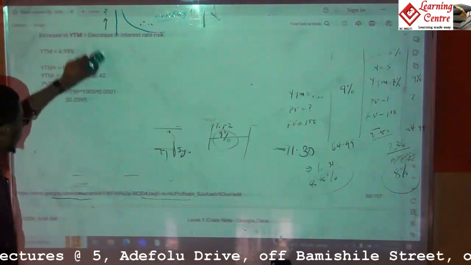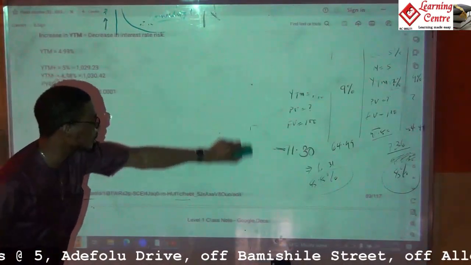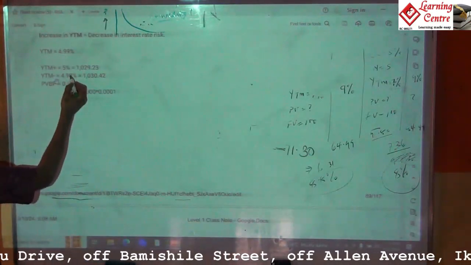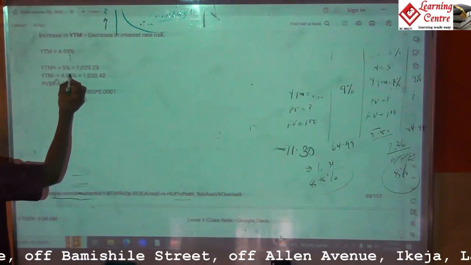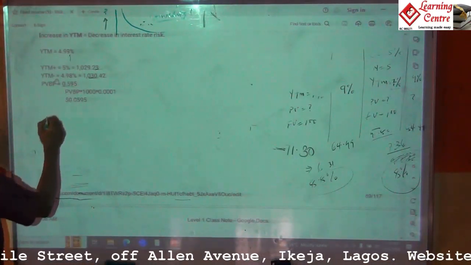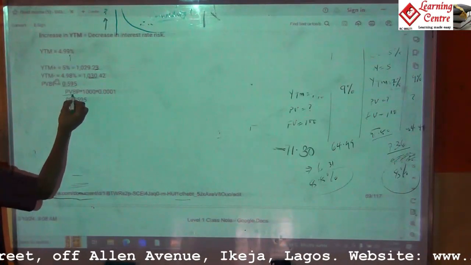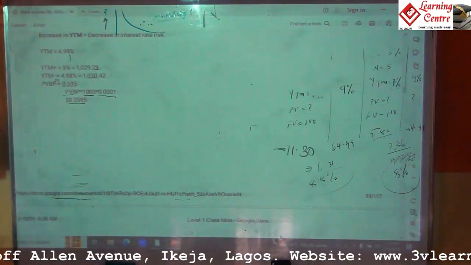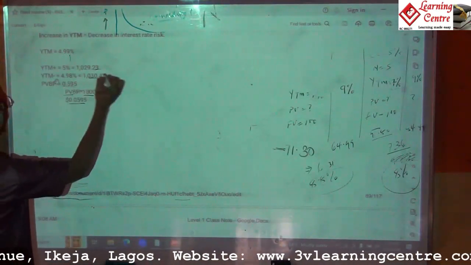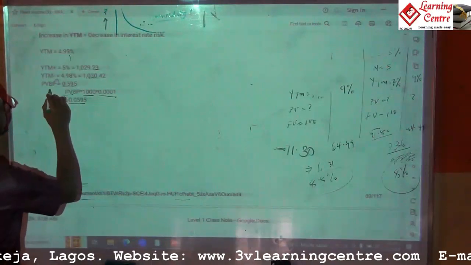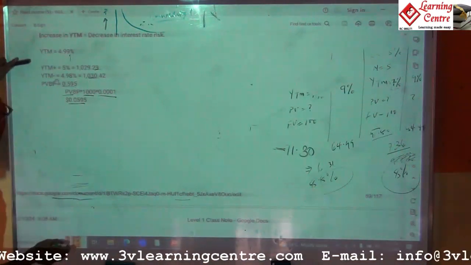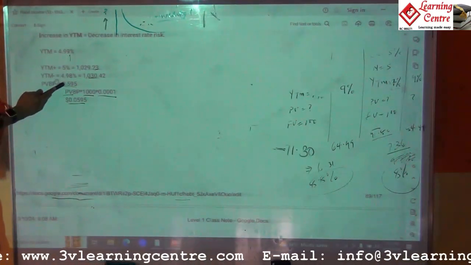So this is the price value of a basis point. We move to the corporate time, because the price is 4.5 times 1,000. So we did the price value of the basis point.